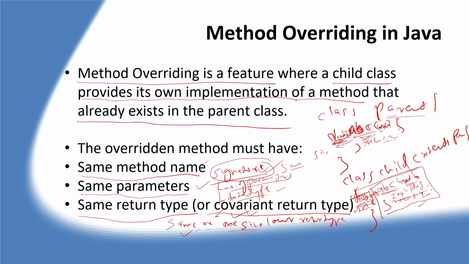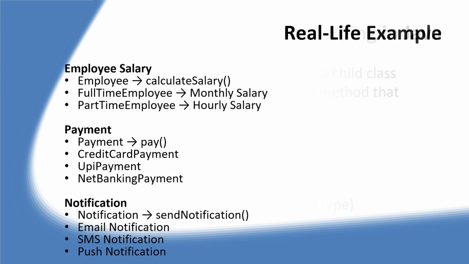This concept is the foundation of runtime polymorphism. In the upcoming video you will see this concept used in runtime polymorphism. For now, just focus on method overriding. We'll have some examples so that we will understand better.